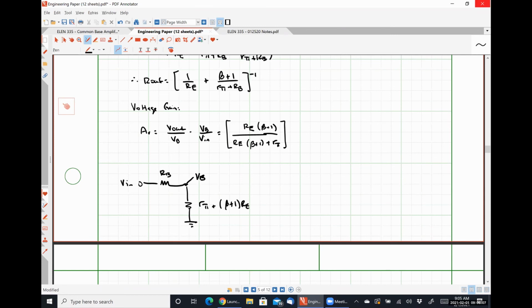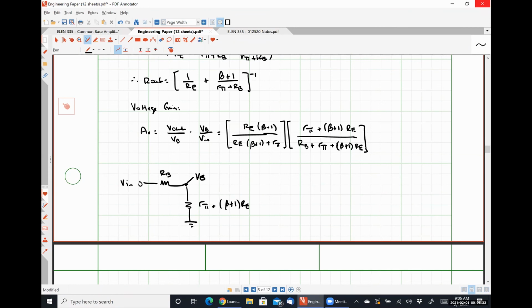So if I wanted to find that voltage VB specifically, I could just use voltage division. And so that means I'm going to have a numerator of R pi plus (beta plus 1) RE, divided by RB plus R pi plus (beta plus 1) RE.